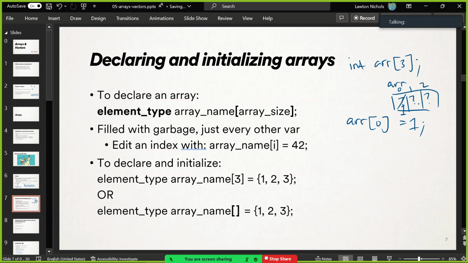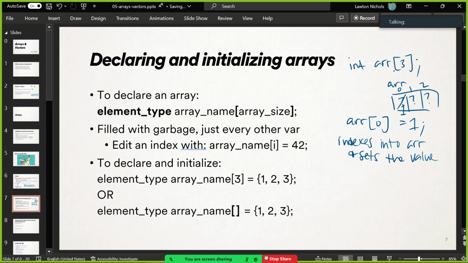So this syntax indexes into R and sets the value.